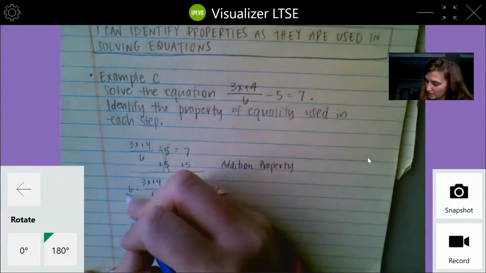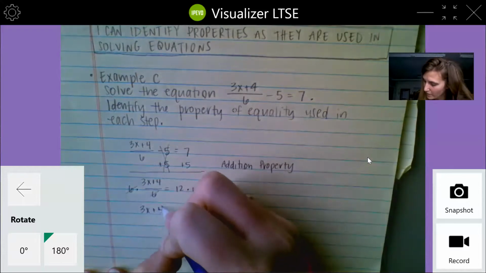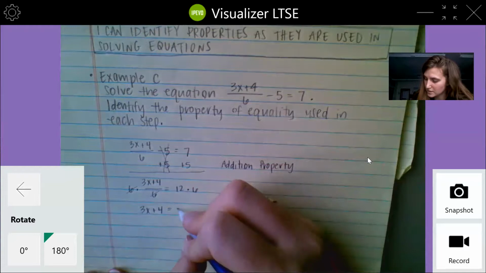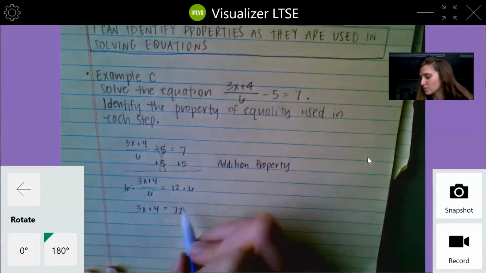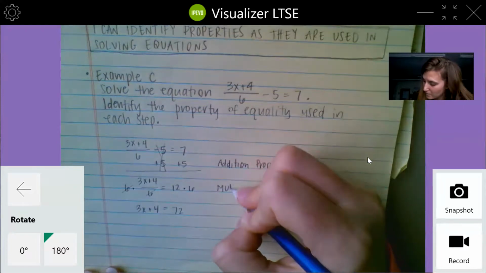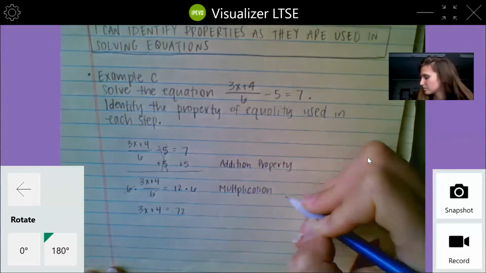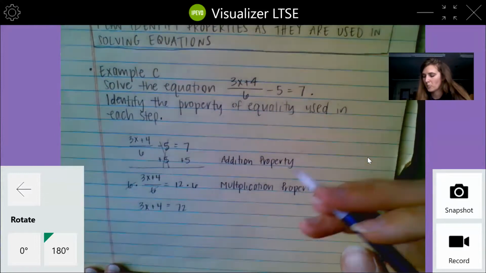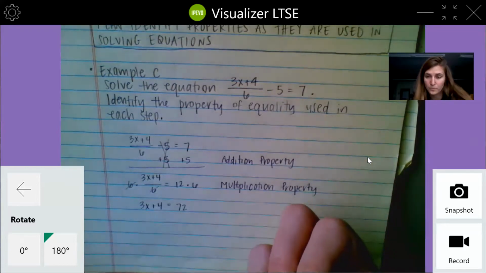These 6's cancel out, and I'm left over here with 3x plus 4 equals 12 times 6, which is 72. And what I did here, I used the multiplication property. Now I have 3x plus 4 equals 72.